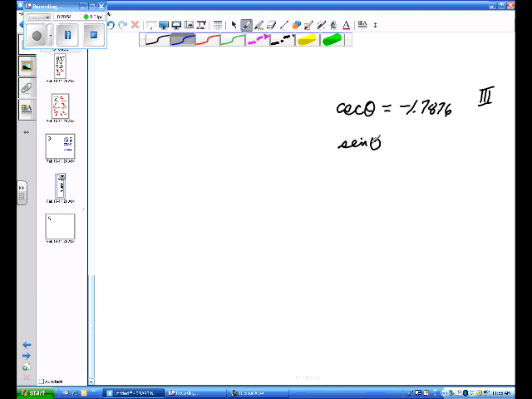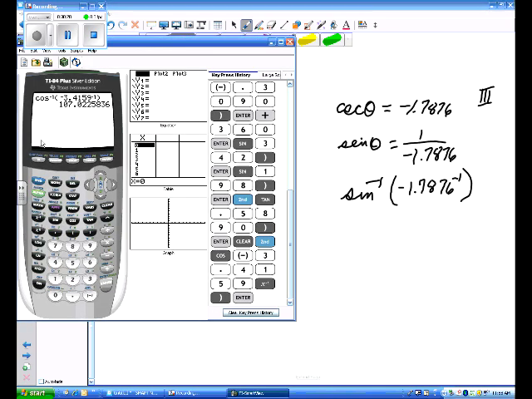So we can do the sine of theta equals 1 over, or we're wanting the inverse sine of negative 1.7876, and we want the reciprocal of that number. Or you can just put in 1 divided by.